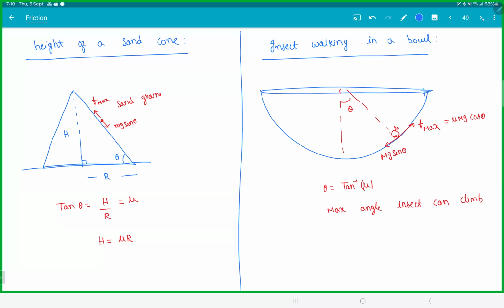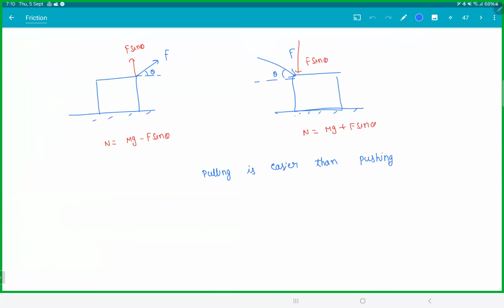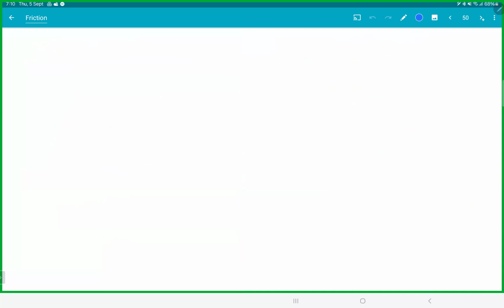Let's see how a question can be framed. Turn the page. Let's see a question. We have a bowl which is not a circular bowl.